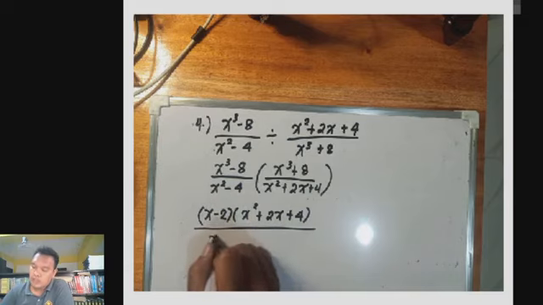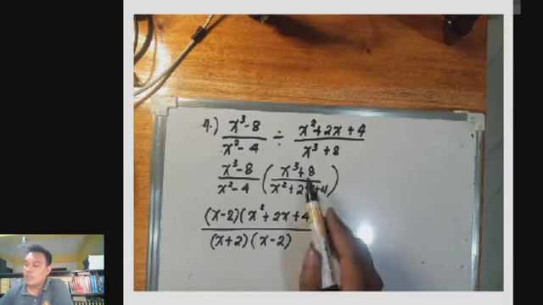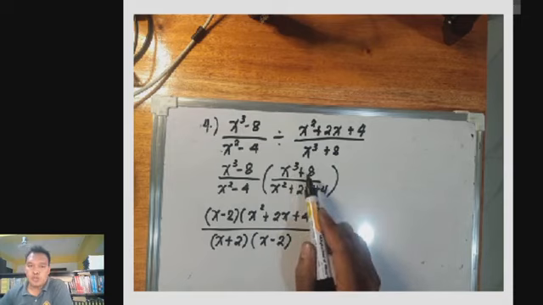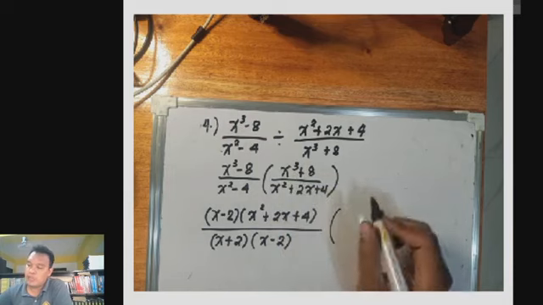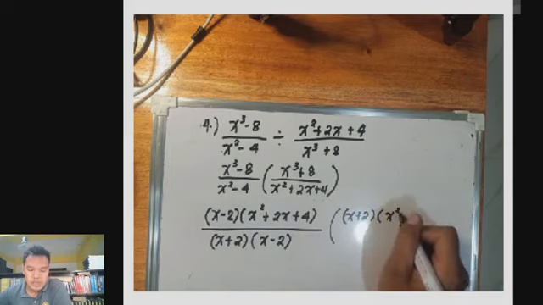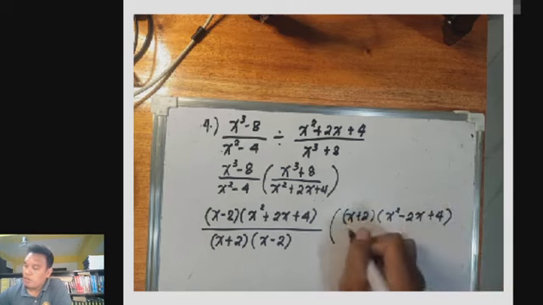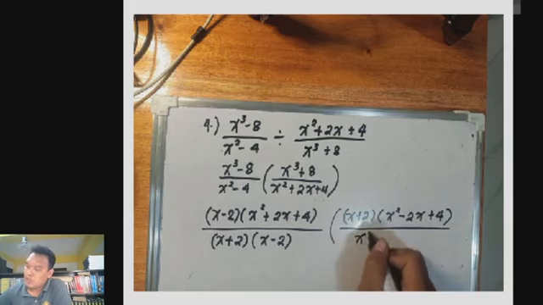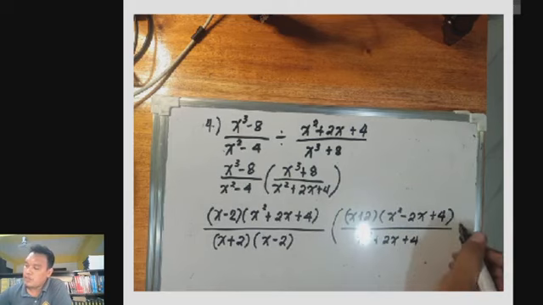So we could say that x plus 2 multiplied by x minus 2. Then x cubed plus 8 is also a special product. So we could say that x cubed plus 8 is equivalent to x plus 2 multiplied by x squared minus 2x plus 4, all over x squared plus 2x plus 4.